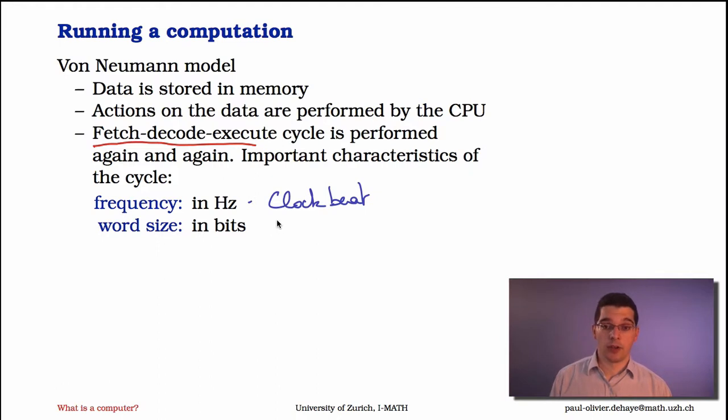Usually you have a power of 2. In my drawing, I had 8 bits, which is often called a byte. Okay, so this is the fundamental model of how computation happens at the level of the CPU. And we will see that programming languages help us abstract away from this basic computation model to do much more complicated stuff very easily.